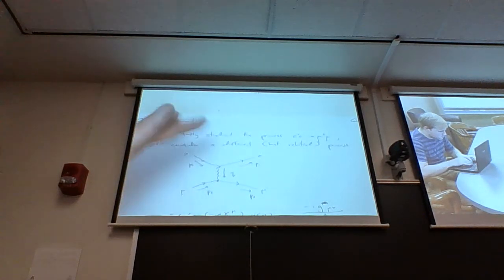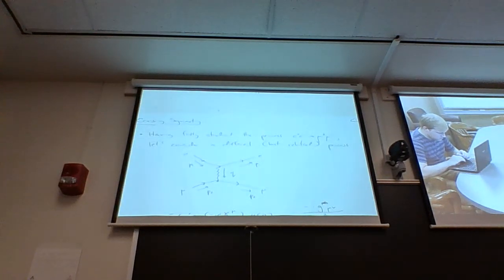Okay. All right. So what I want to do today is, having studied e plus e minus goes to mu plus mu minus out the wazoo, now we know everything there is to know about this particular process. I'm going to consider a different process. Okay. And this is going to lead us into a nice feature in these Feynman diagrams, which is called crossing symmetry.